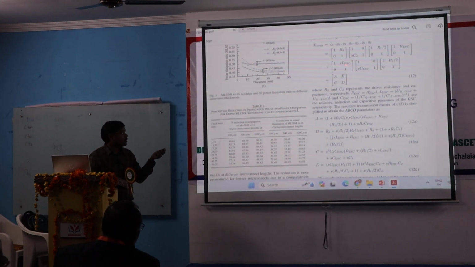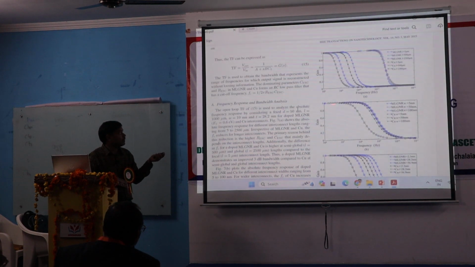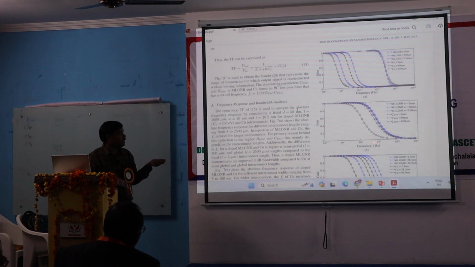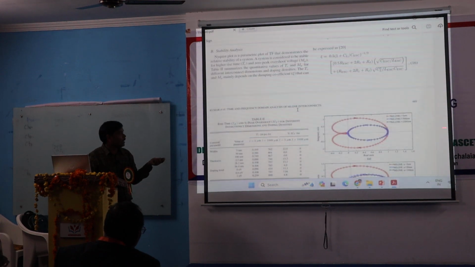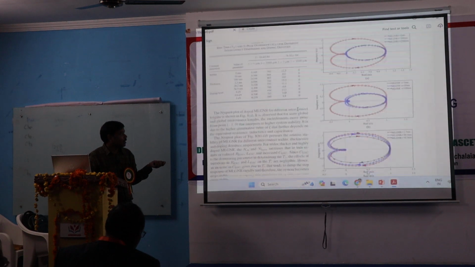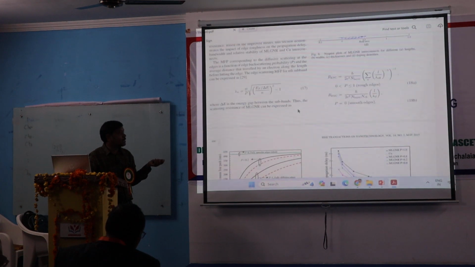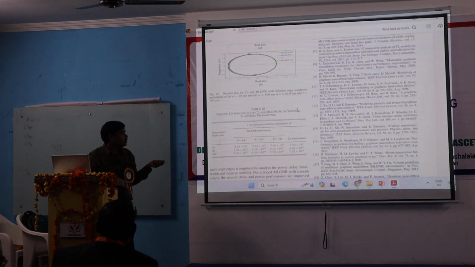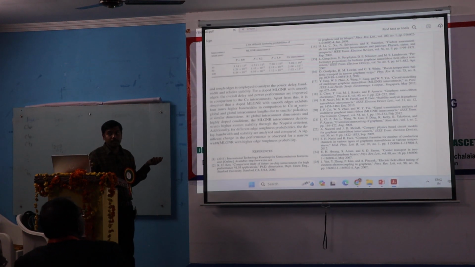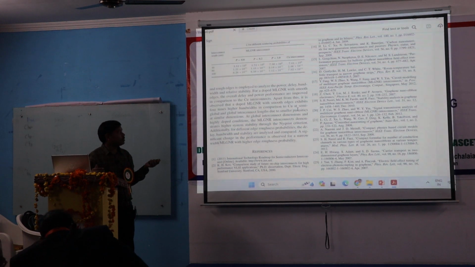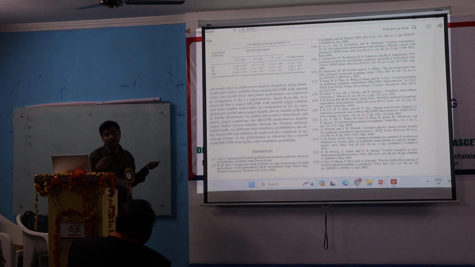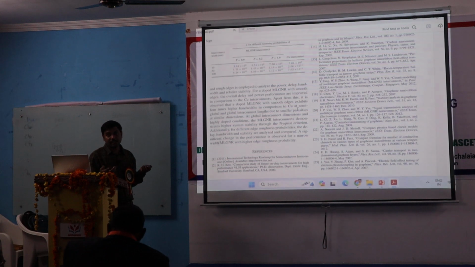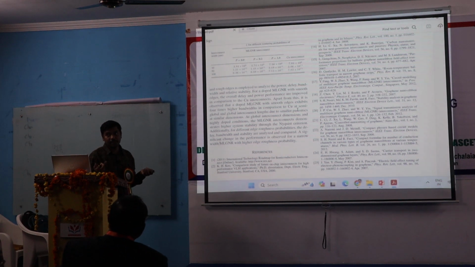Based on that I plotted the frequency response and the Nyquist plots, and concluded that MLGNR is better than SWCNT and MWCNT. No high-end software, no high-end computers, just SPICE simulations and some basic knowledge of mathematics. That is sufficient to write a paper.